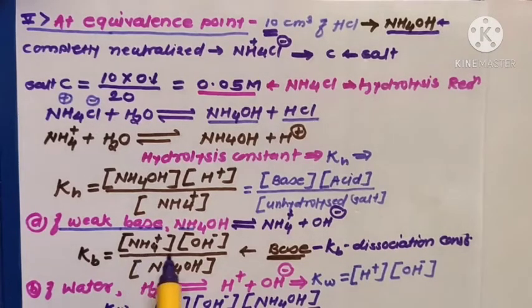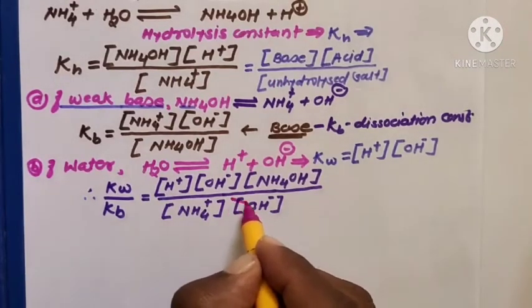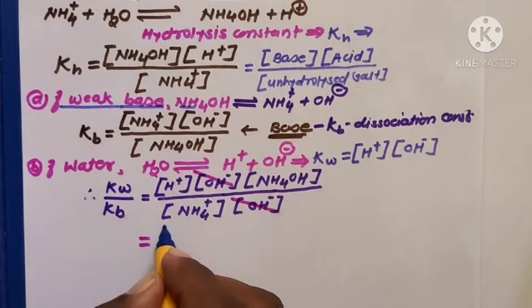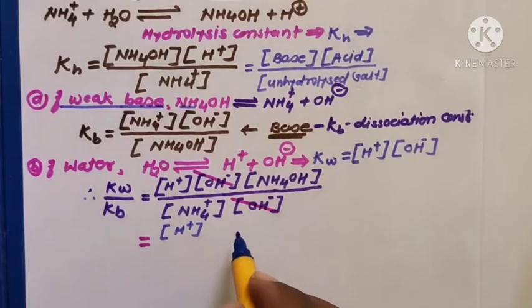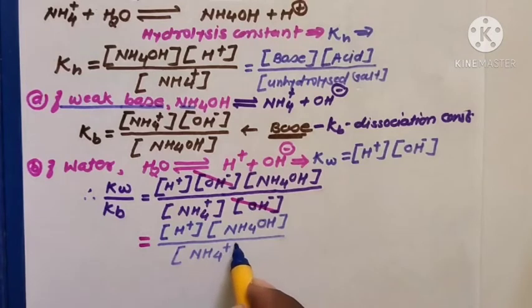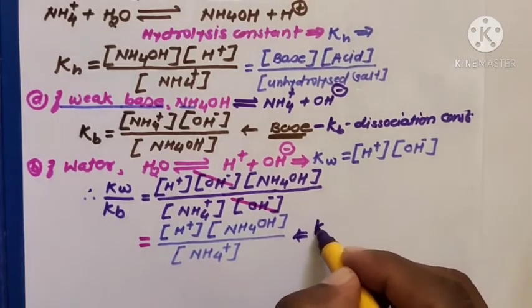Now the concentration of OH- ions cancels out, giving the concentration of H+ ion into the concentration of NH4OH divided by the concentration of NH4+ ions. This is the expression of KH.